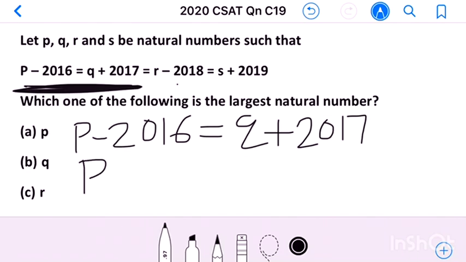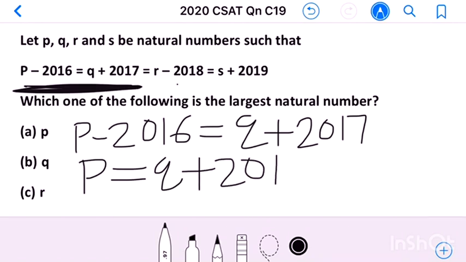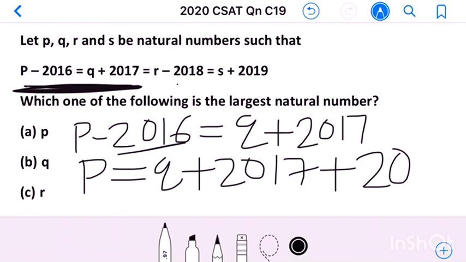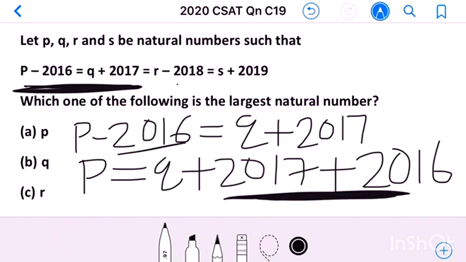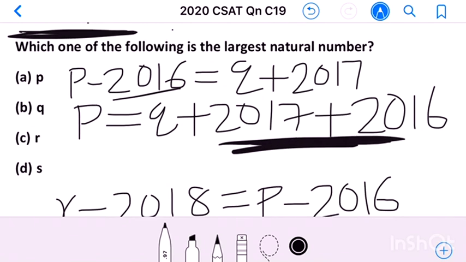Then rearranging, taking this 2016 to the right side, it becomes plus 2016. That means adding this much to Q, it becomes equal to P. From here we can say P is greater than Q.